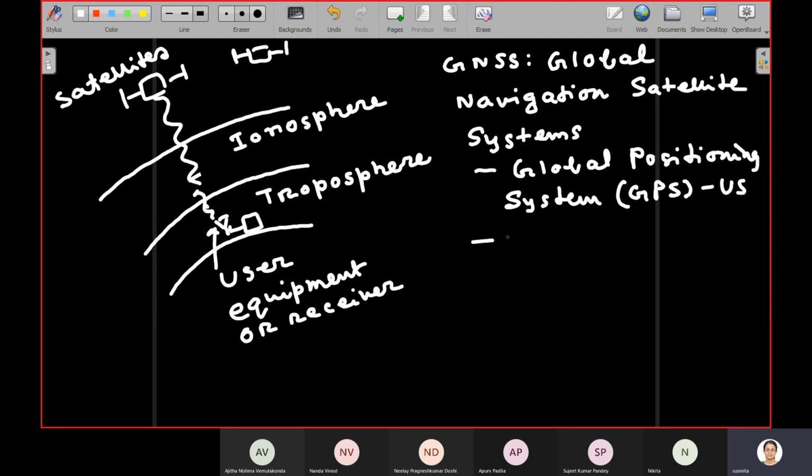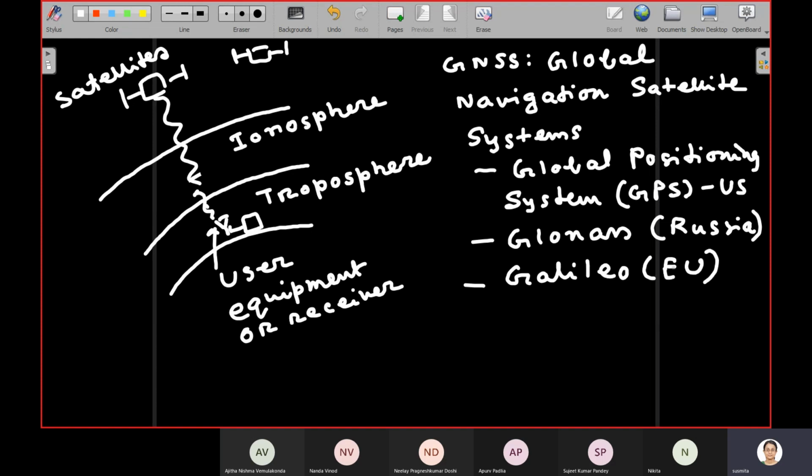Then there are other systems as well. For example, Russia has GLONASS. Then the European Union is developing its own system, and UK is also part of it. It's called Galileo.